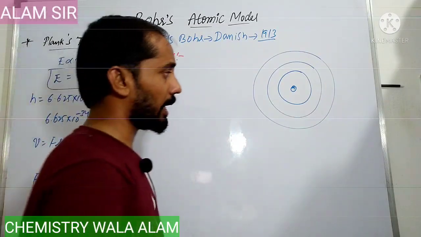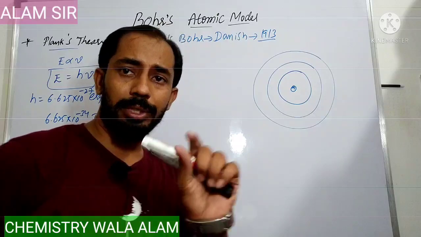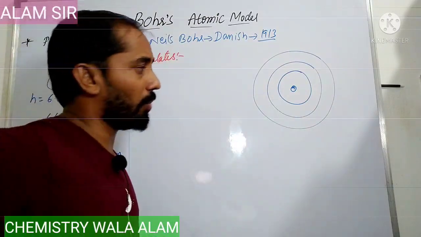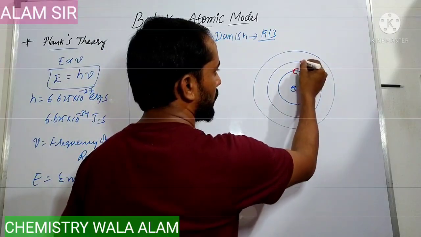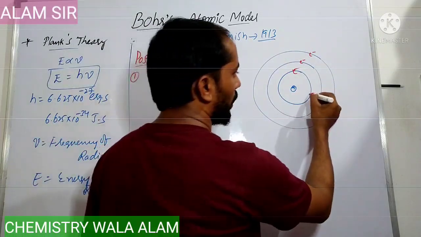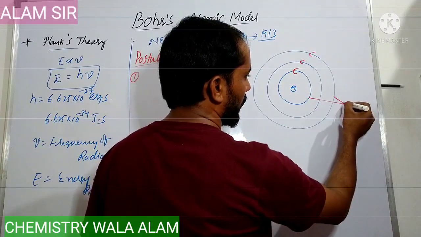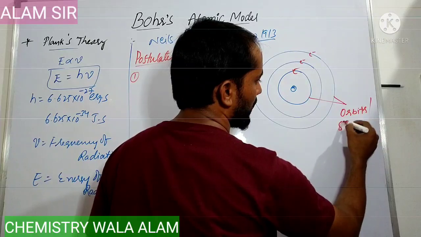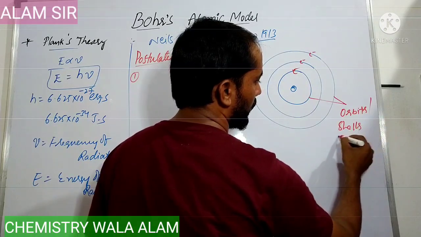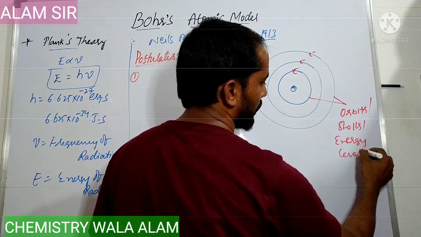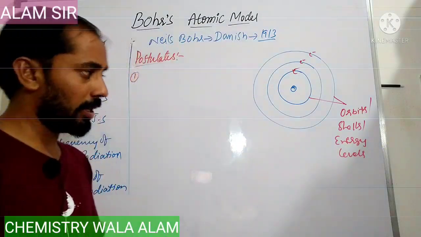Based on Rutherford's model and Planck's theory, Bohr gave his model. At the center of the atom a positively charged, denser nucleus is present, and electrons are revolving around the nucleus in circular paths. These are called orbits or shells, or energy levels.